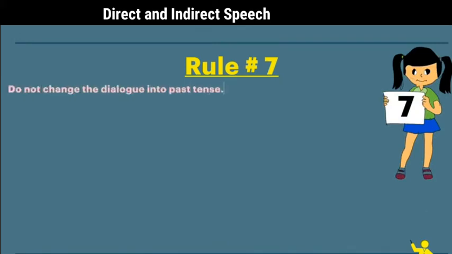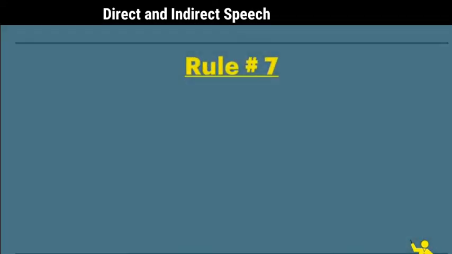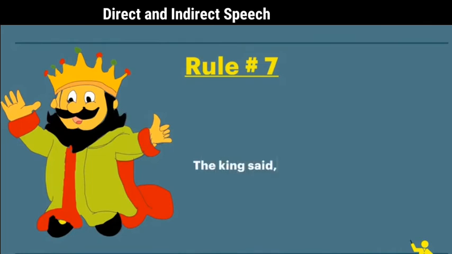The rule number 7 says, do not change the dialogue into the past tense when the dialogue is a universal truth. Like, for example, the king said, "The earth is round."